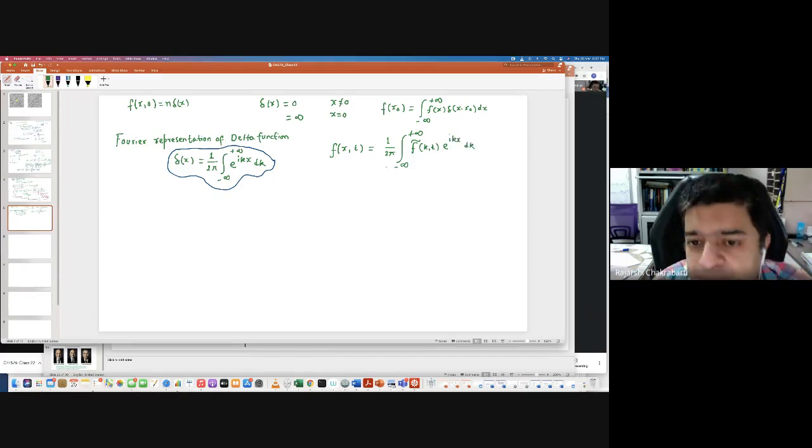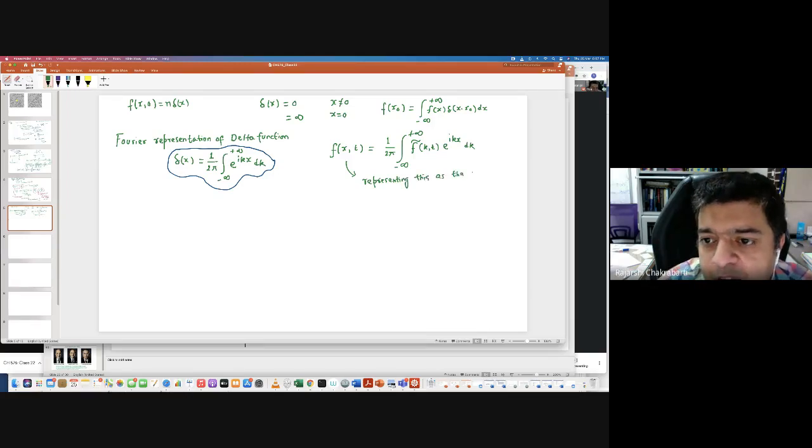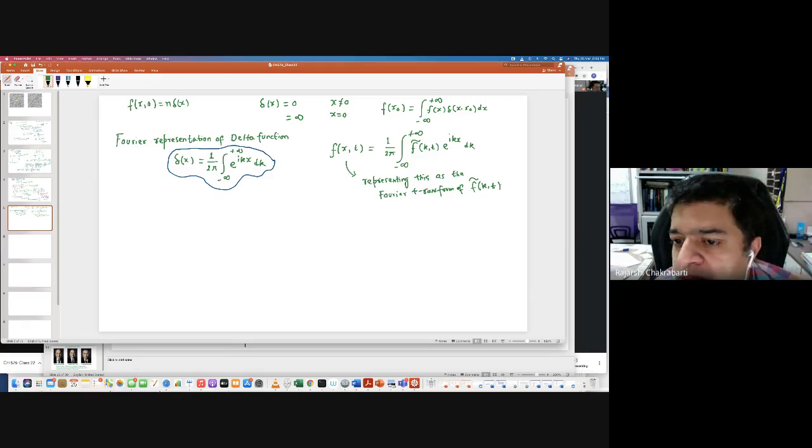So basically, I am representing this as the Fourier transform of f tilde k comma t. Is this clear? This should not be a problem, no?